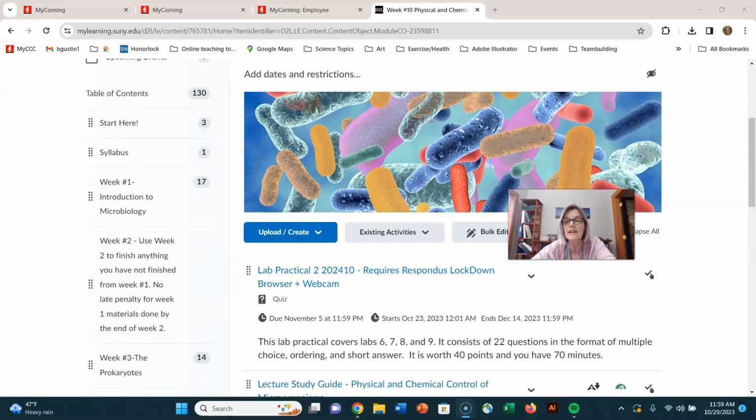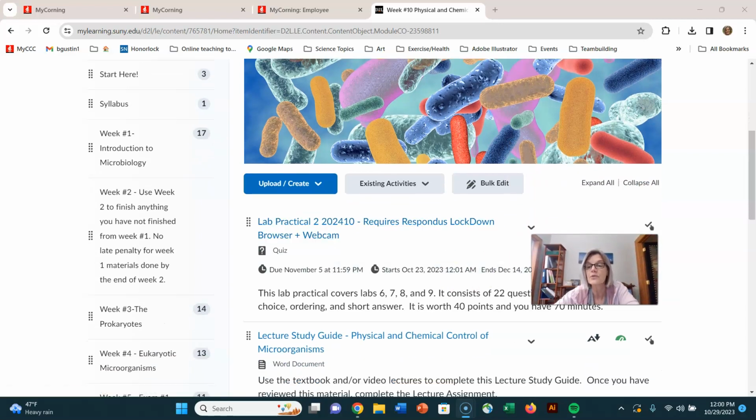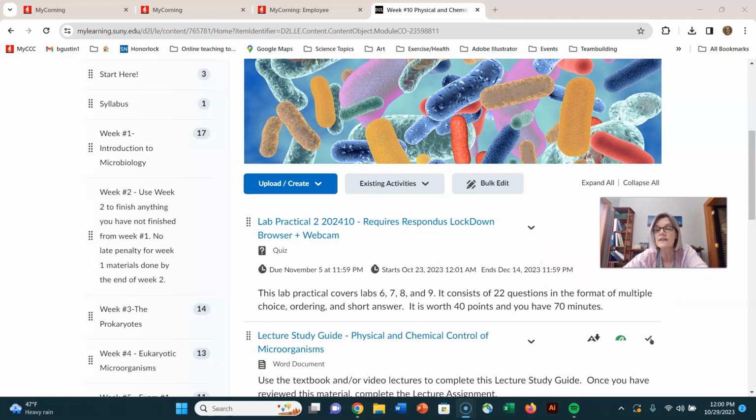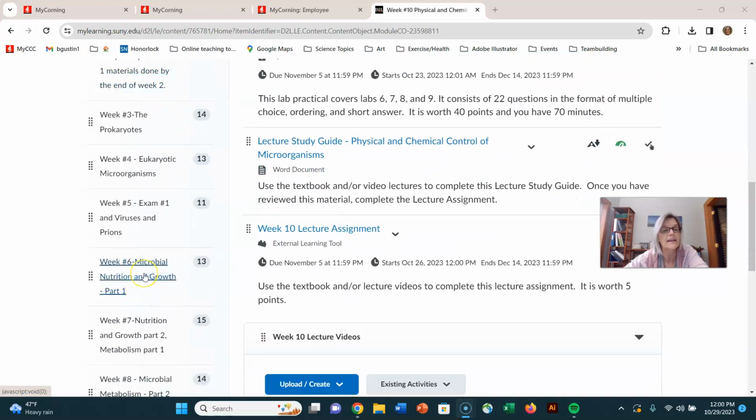And then the first thing that I wanted you to notice is that we have our second lab practical this week. And remember that the lab practicals require Respondus. The lab practical that we took in week 6, we also used Respondus. And remember that I did a Respondus practice quiz, and I think that Respondus practice quiz is posted under week number 4.